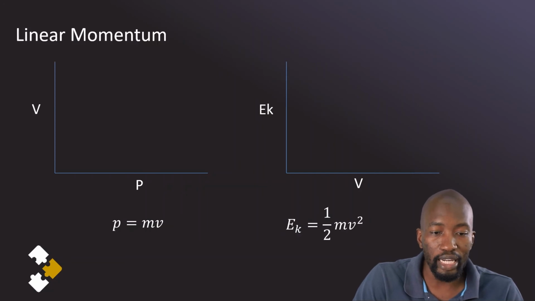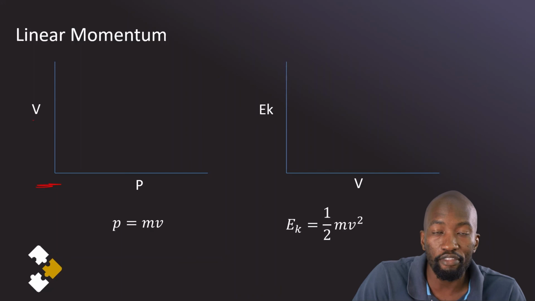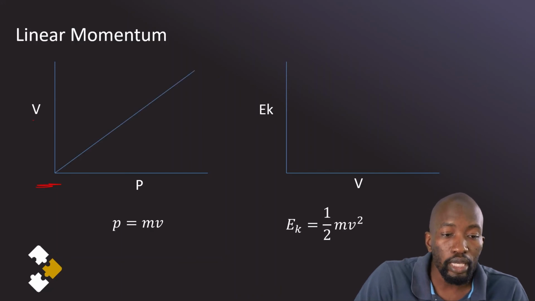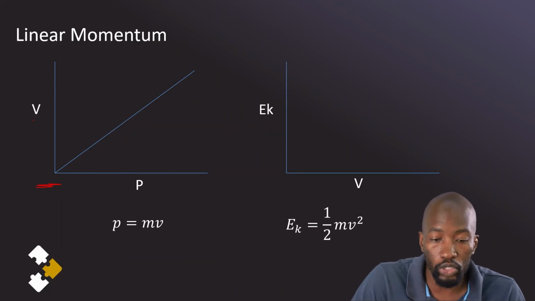So let's look at linear momentum, right? If we look at this table here, we have velocity versus momentum. Let's see how they affect each other. Because it's linear momentum, as the velocity increases, the momentum would also increase. They are directly proportional to each other.